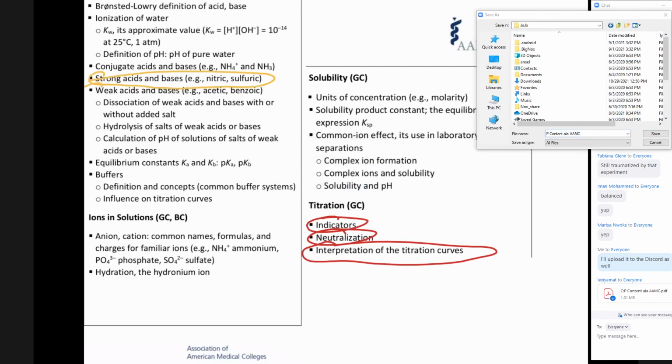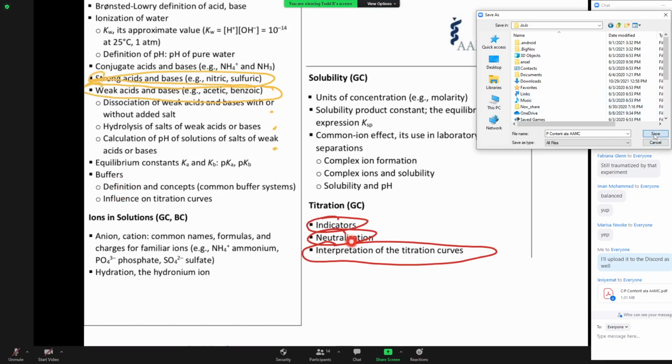You need to know your weak acids. And then these I'm going to put little dots next to because these just sort of happen. I don't know if we actually have to make a conscious effort, but they will. You should have a buffered section in the curve. So definitely we'll look at this part.